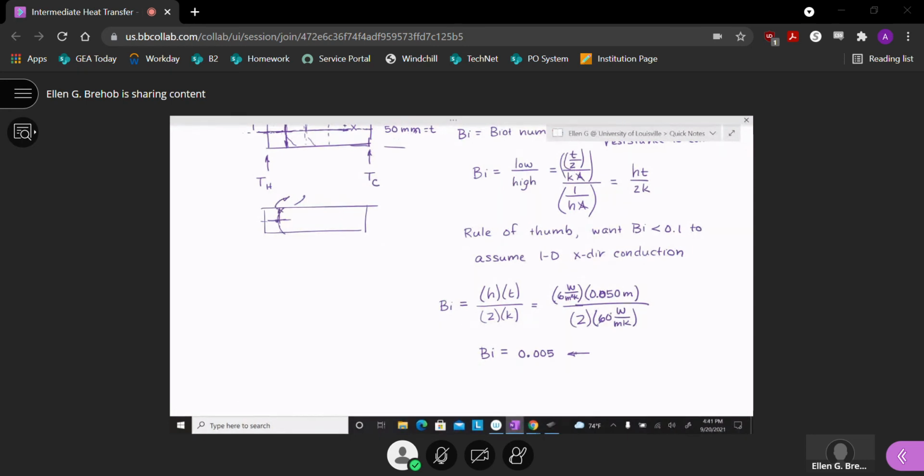And if we, again, think back to what that tells us, is that we would expect to have nearly uniform temperature distribution across. That temperature is only a function of X direction. It's not a function of the Y direction. And again, this is a rule of thumb. It's not going to be exact, but it gives you an indication that they picked a geometry that allowed them to assume one-dimensional conduction.